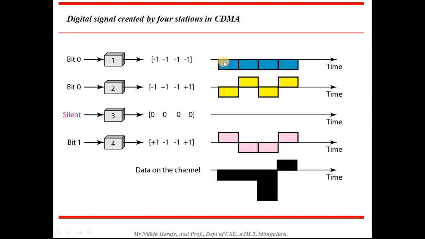How do we get the data on the channel? You look at this. -1 -1, it is -2 plus 1, -2 plus 1, it is -1. So you have this slot as -1. Coming to the second element, you have -1 plus 1, which is 0. 0 plus 0 is 0. And you have here it is -1.